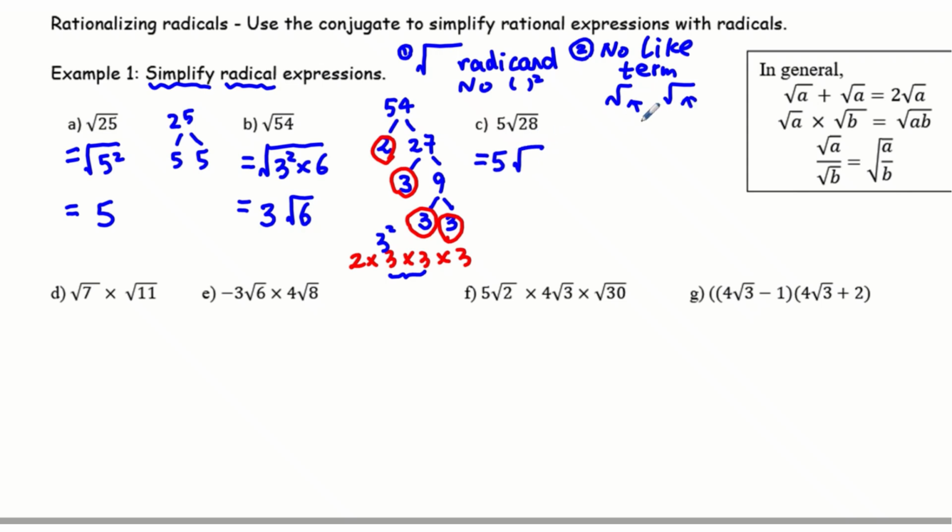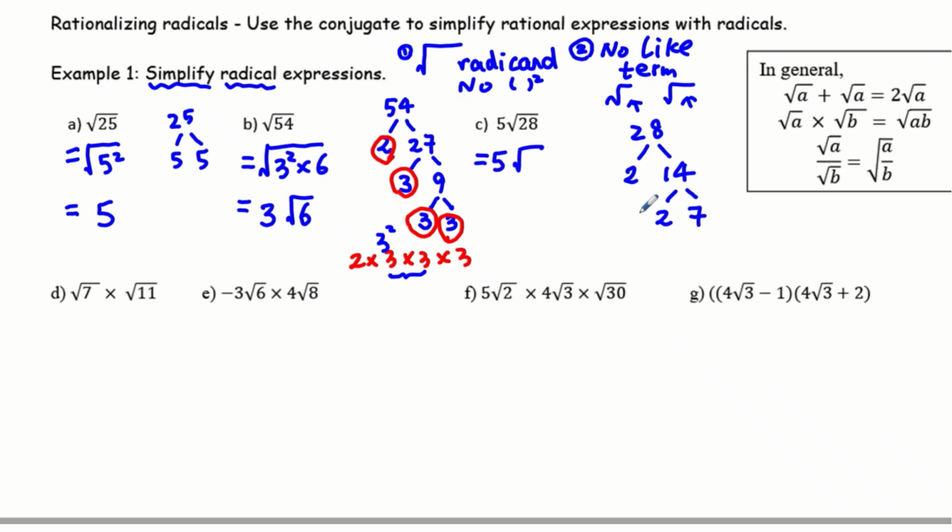28. We want to use a factor tree to find the factors of 28. We start from the smallest prime number. This is an even number, so it can be divided by 2. 28 divided by 2 is 14. Then based on this factor, we continue. 14 is even, so it can be divided by 2. 14 divided by 2 is 7.